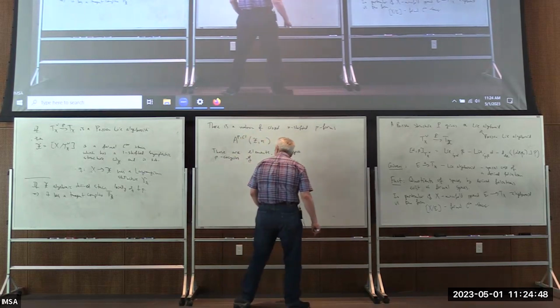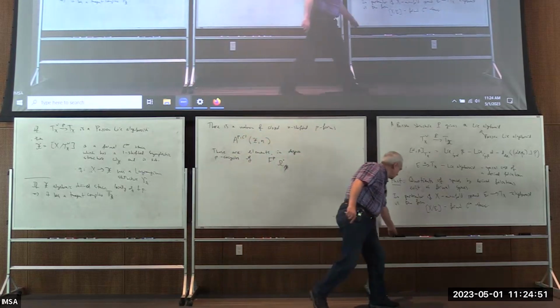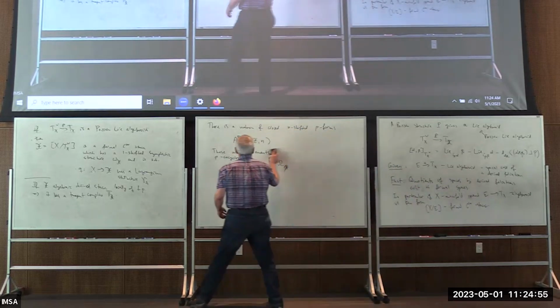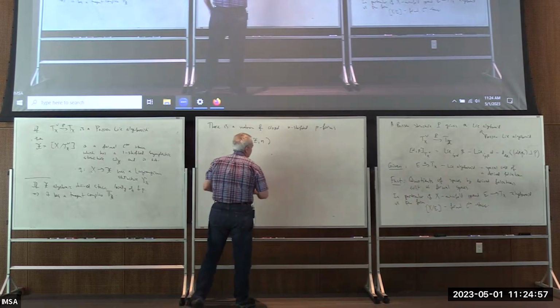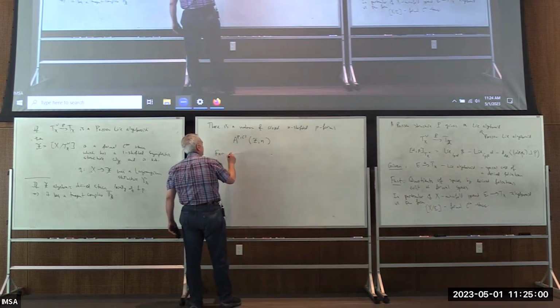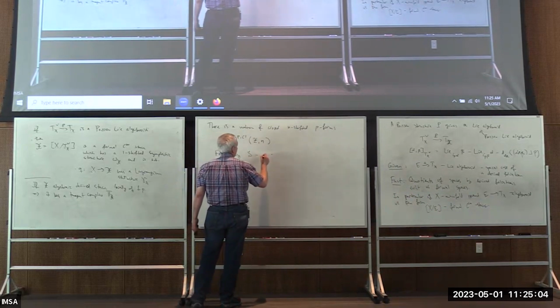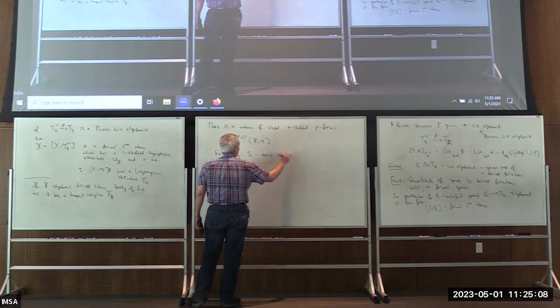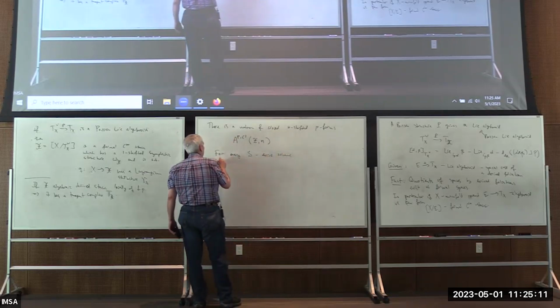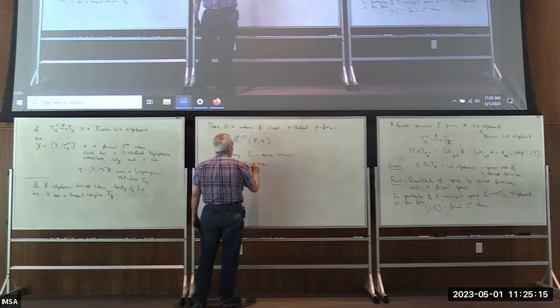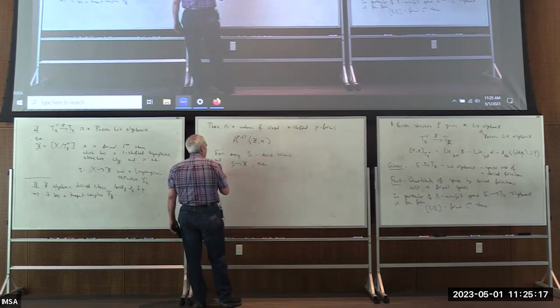Correctly. So for every test space, if this is a derived scheme, say, and we have a map from S to X, then the pullbacks.